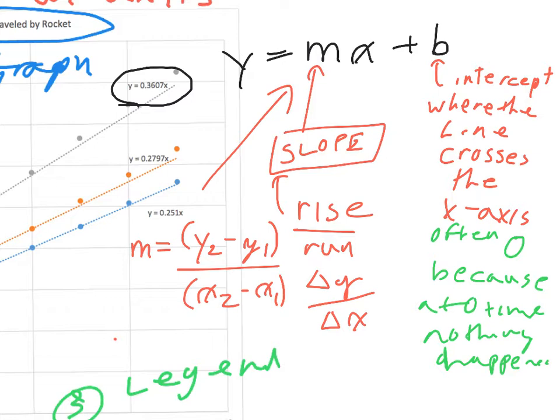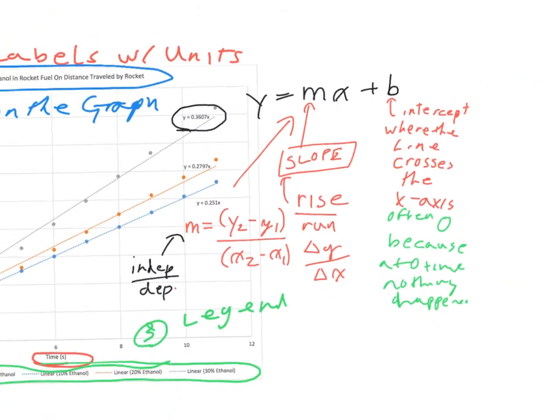The slope can be very interesting because it's comparing the rate of change of your x and y's, the rate of change of your independent variable to your dependent variable. It's measuring how much they change relative to one another. So it can be a very, very useful tool for a chemist.